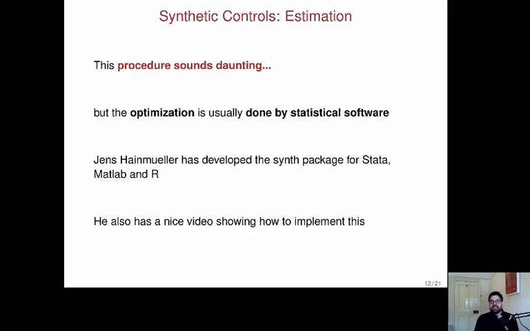Now, one of the main people, besides Alberto Abadie and Guido Imbens, working on synthetic controls is Jens Hainmueller from Stanford. He's a political scientist, and he has developed packages for Stata, MATLAB, and R. In fact, he has a video on his website where he shows how to implement synthetic controls within 10 minutes to get basically all the important graphs and tables, and it's really easy to use.